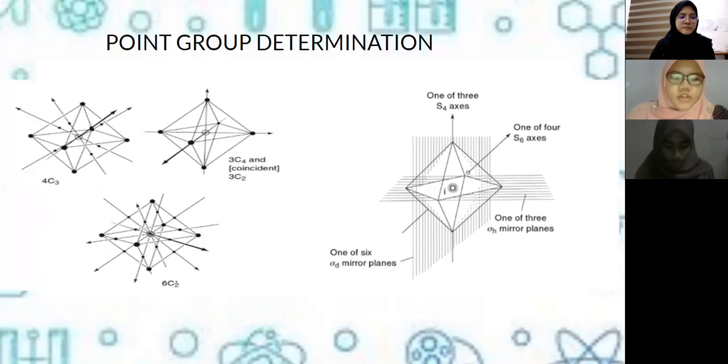Also, for the proper rotations, starting with C2, C3, C4, and 6 C2 prime rotations. For the improper rotations, from the right side, it has 4 S4 axes and 4 S6 axes. For the mirror planes, it has 3 sigma h mirror planes and 6 sigma d mirror planes.